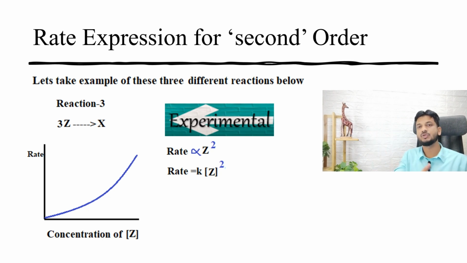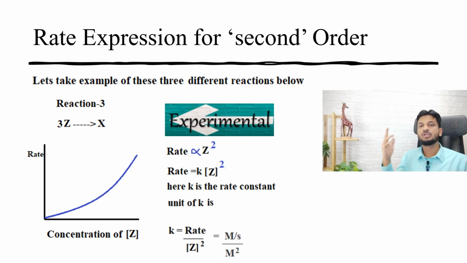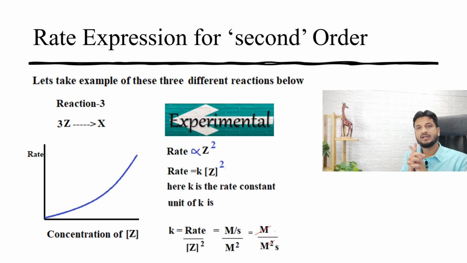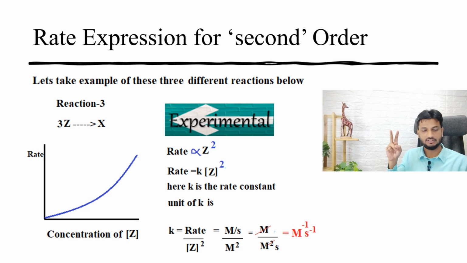We will shift the Z squared down to the rate and we will get molarity per second over molarity squared, or concentration per second over concentration squared. So 1 M on the top and 1 M at the bottom get cancelled. On the top we have 1, and down we have a molarity and a second, so we'll bring them up. We will get the unit molarity inverse, second inverse. That's the unit for the rate constant for a second order reaction.